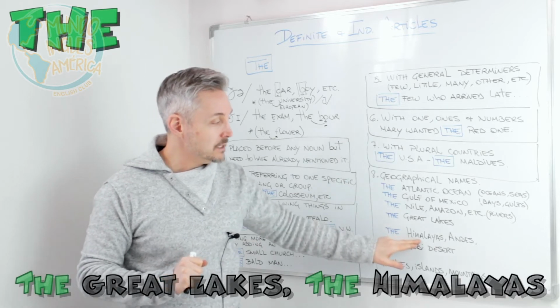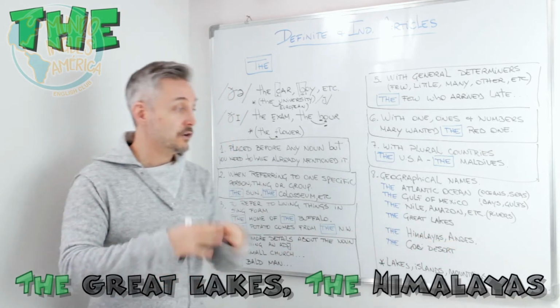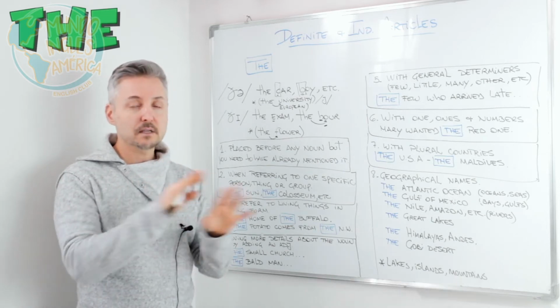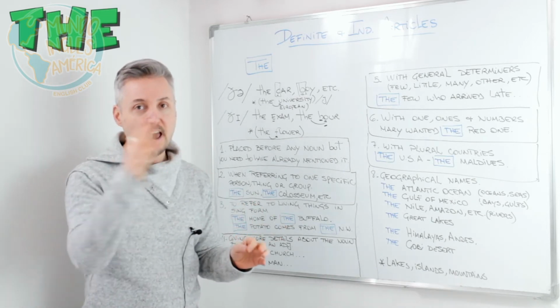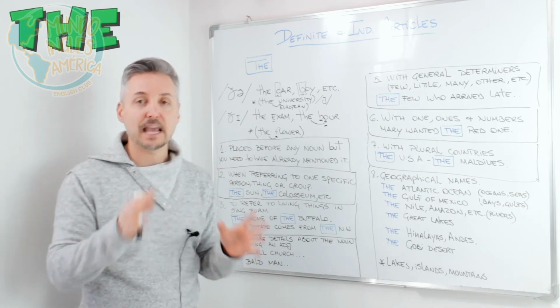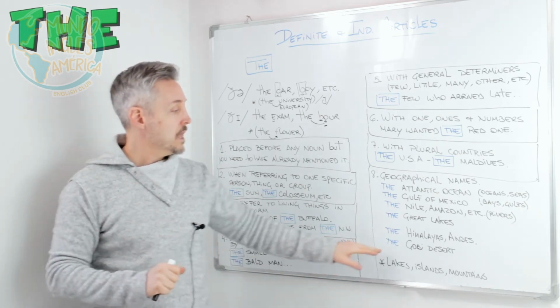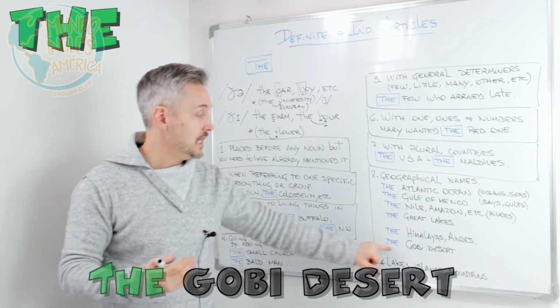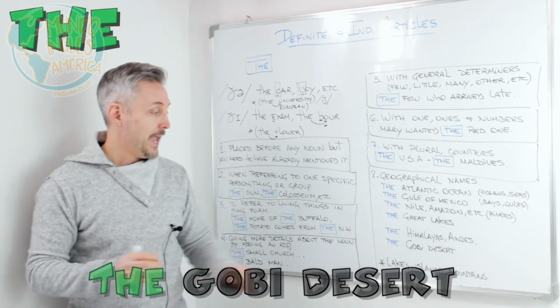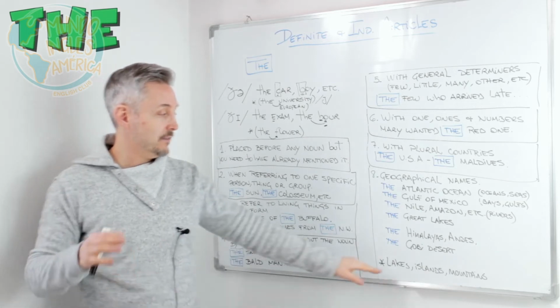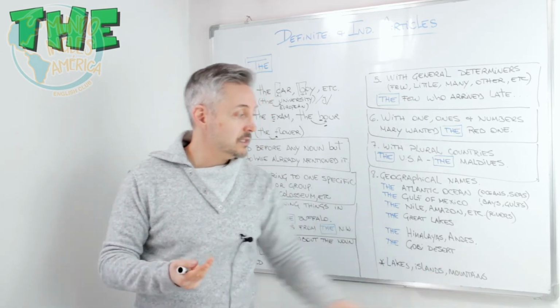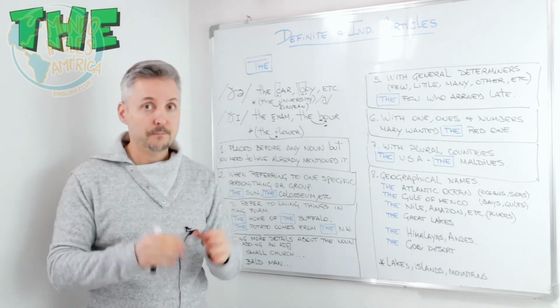The Himalayas, the Andes, so it's a group of mountains. So if you want to talk about Everest, you don't say "the Everest," you say Everest, the name of the mountain. The Gobi Desert, so with deserts we need "the." And here I noted that with single lakes or islands, mountains, we don't use "the."